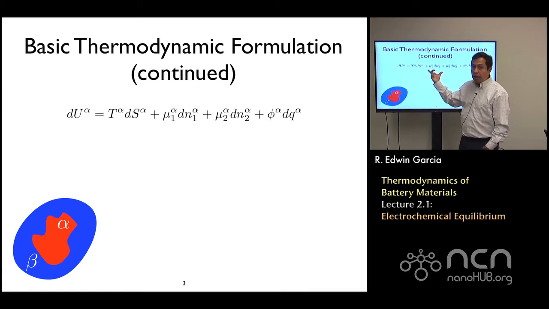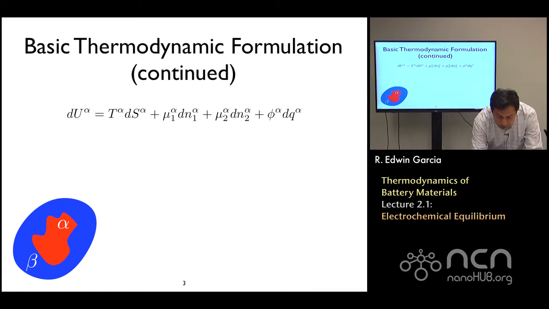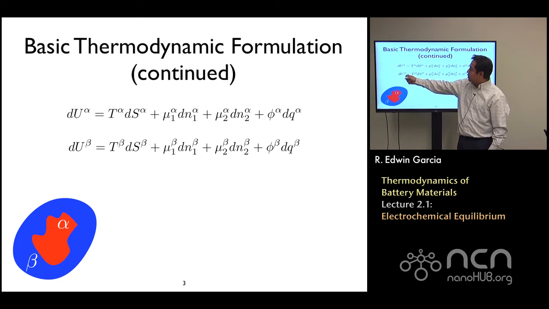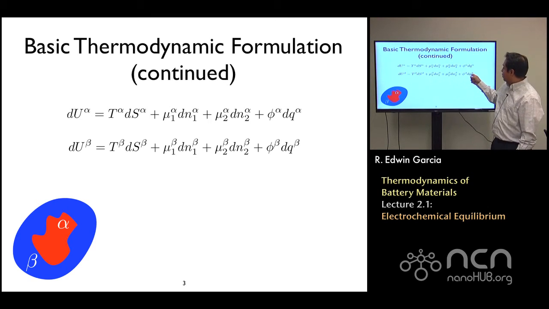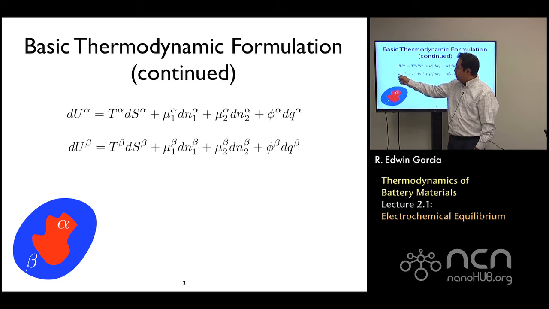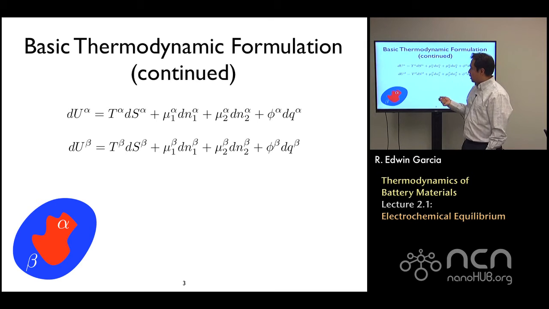Okay, and what applies for alpha also applies to beta. So you can see a very similar statement where, to distinguish between both phases, I have relabeled these superscripts to be beta, and physically what we want, okay, is to assert the fact that the system is closed, meaning that if I gain some energy in U in the beta system, then the system alpha is giving it to it, so that you can think of a system where the energy is conserved.